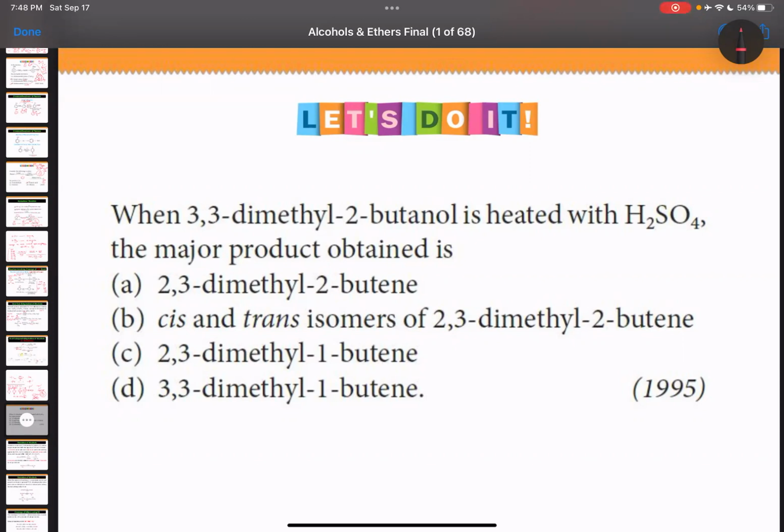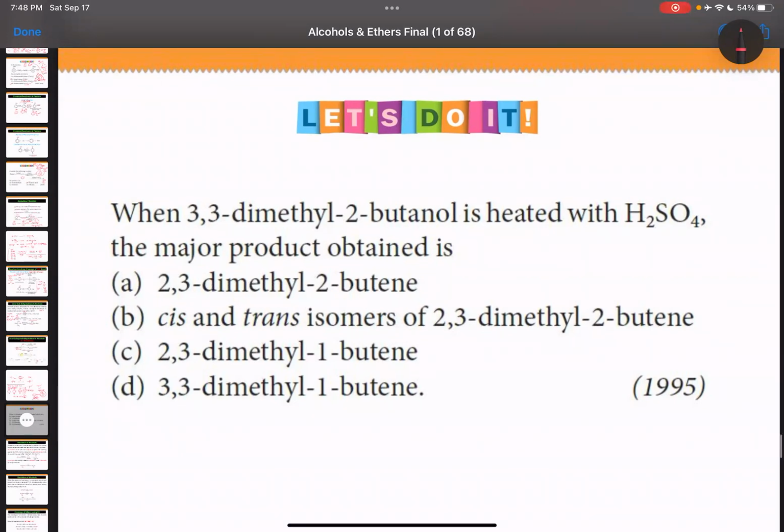What's going to be the answer to this one? 3,3-dimethylbutan-2-ol.